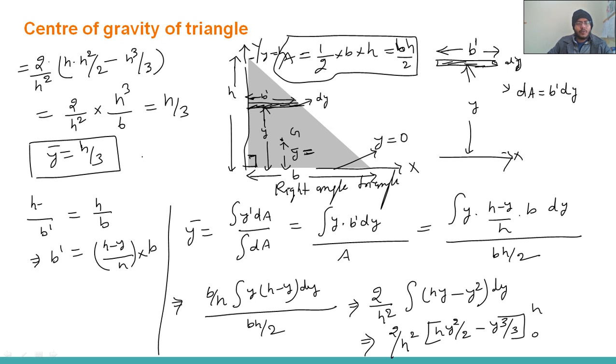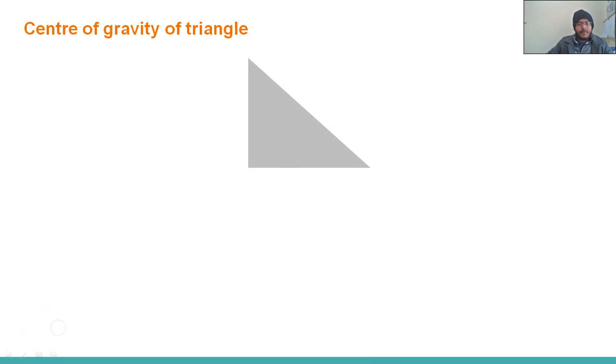Similarly, after solving we can get x bar. Suppose this length is b, and the centroid is here. You will get x bar is also b by 3. Do the same procedure.